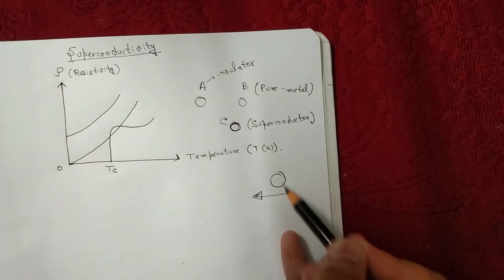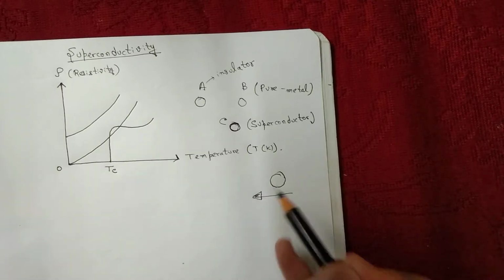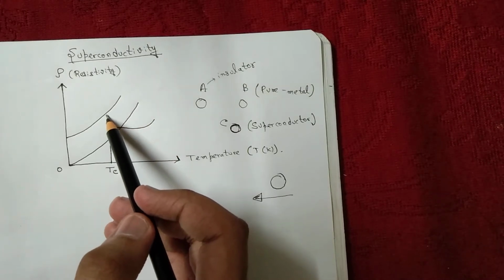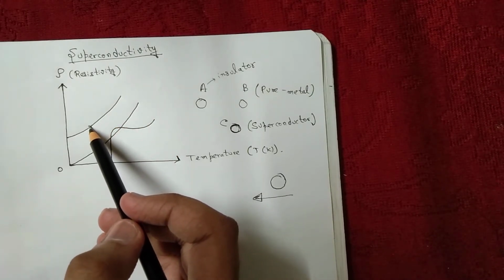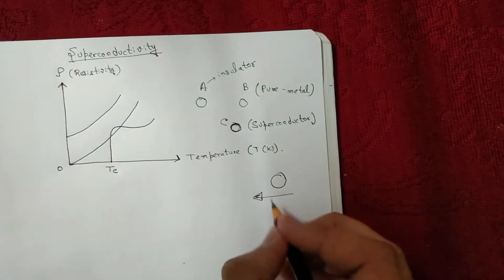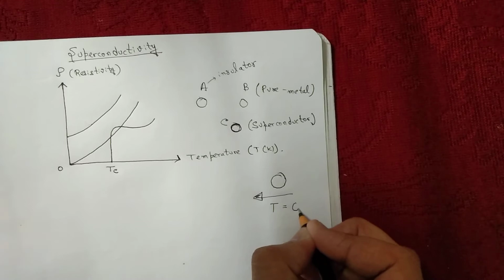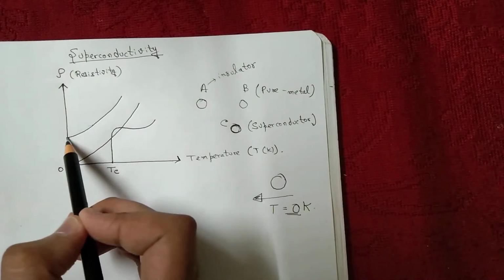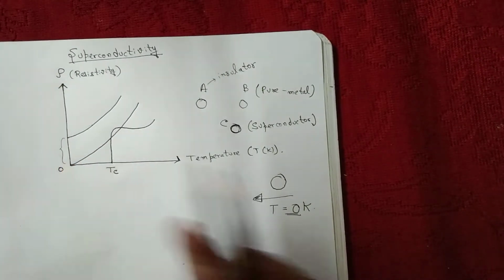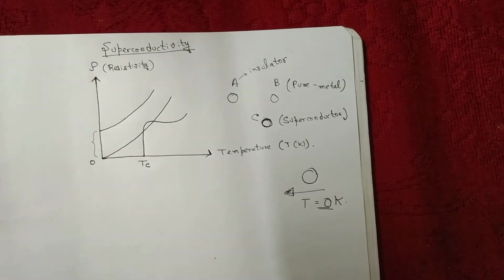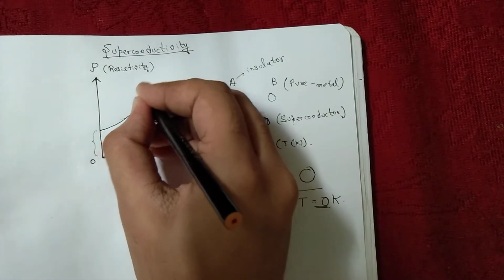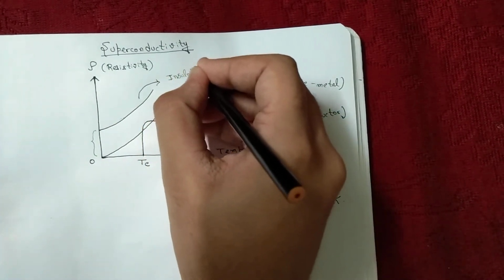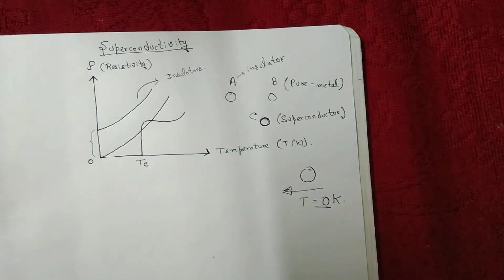If you decrease the temperature of the insulator, you will see the resistivity of the insulator will also decrease, and when your temperature is 0 Kelvin, you will get a finite resistivity for the insulators. This is the graph for the insulators. That is A.